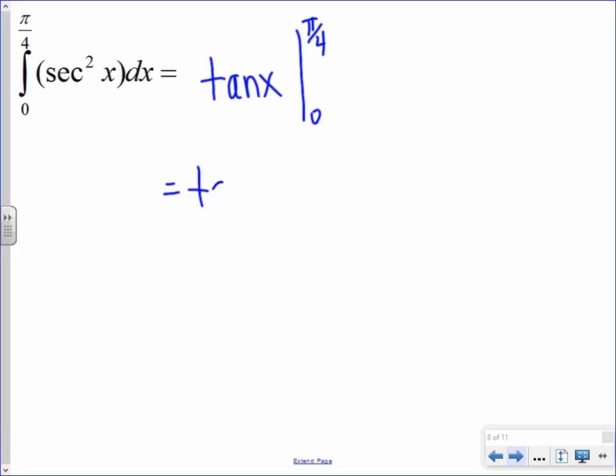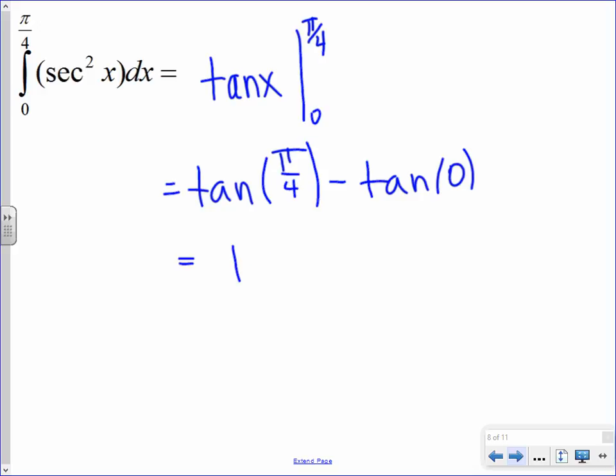So we're going to have the tangent at pi over 4 minus the tangent at 0. Joe, what's the tangent of pi over 4? And the tangent at 0? 0.